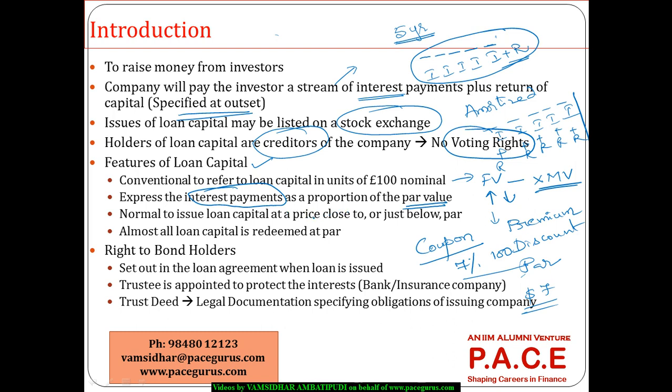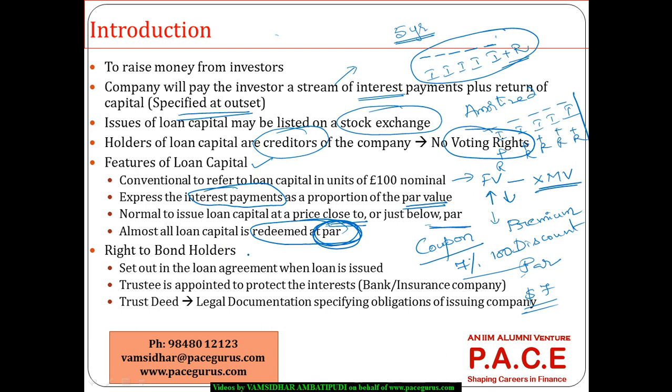Generally the issue price, which is the market price paid for it, could be close to the par, or in some cases above the par, which is at a premium, or below the par, which is at a discount. And in the majority of cases, the redemption on the maturity, the payback that happens, is the par value itself. These are some of the very common features associated with the loan capital.